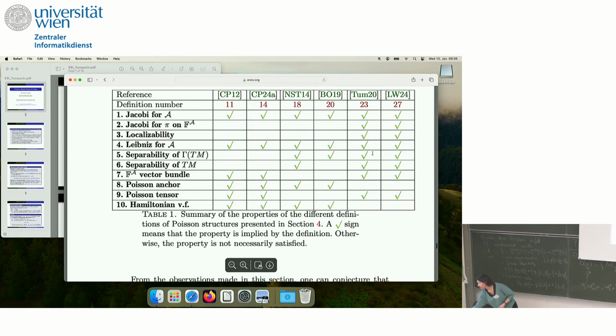In my case, I have smooth subbundles. In other definitions by Cabau and Pelletier and collaborators, the definition makes sense on a co-distribution, some distribution of the cotangent bundle, which may not be smooth. And this may also make sense in some cases.